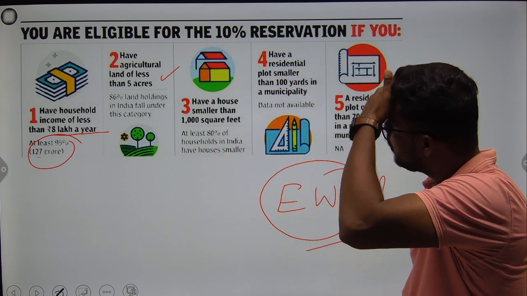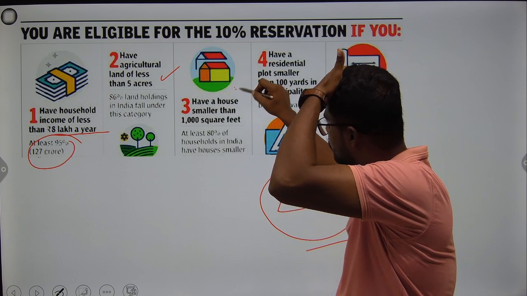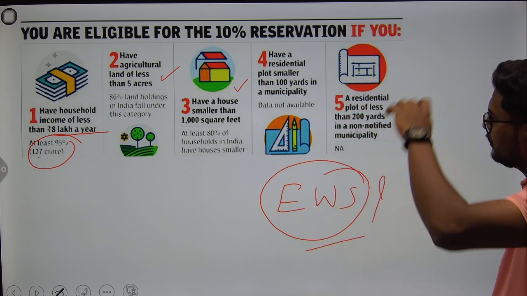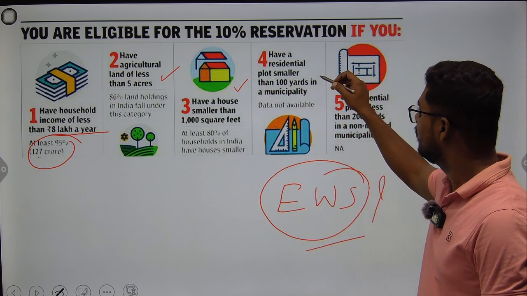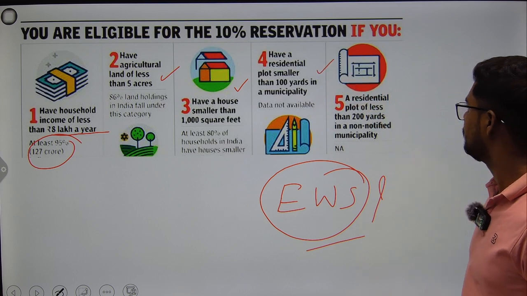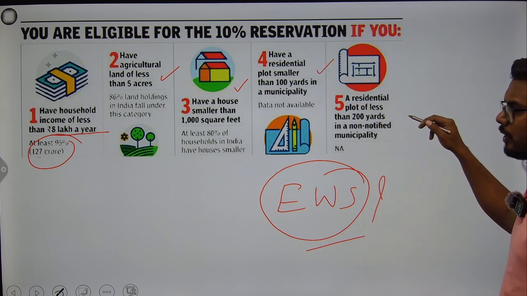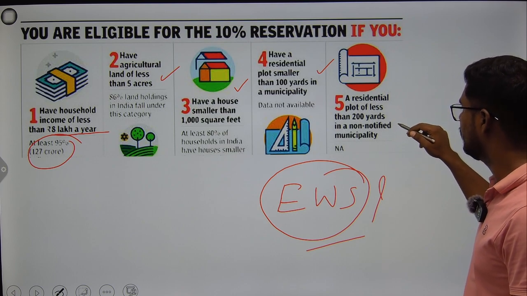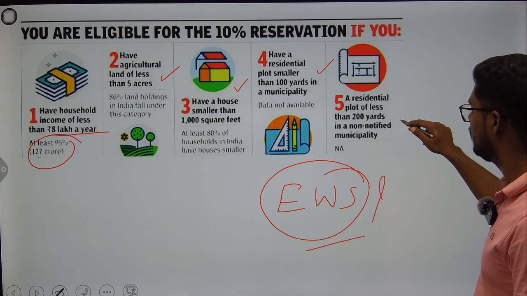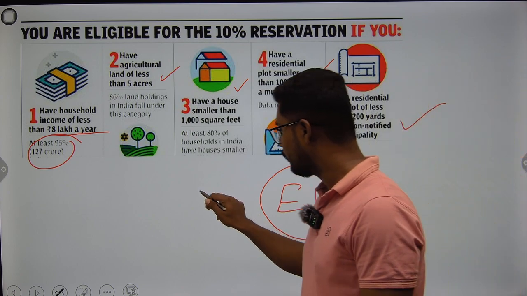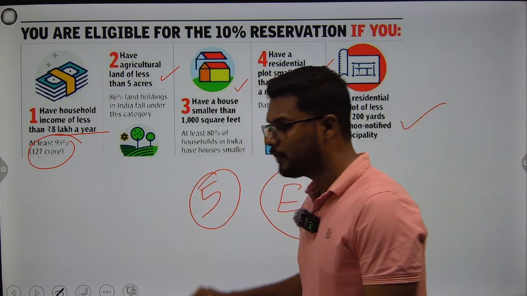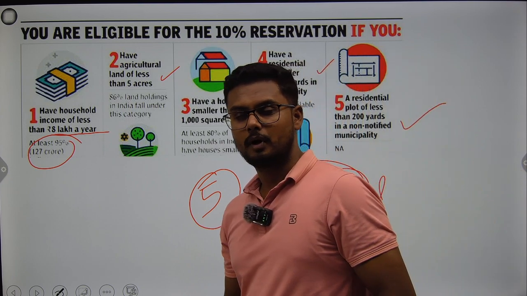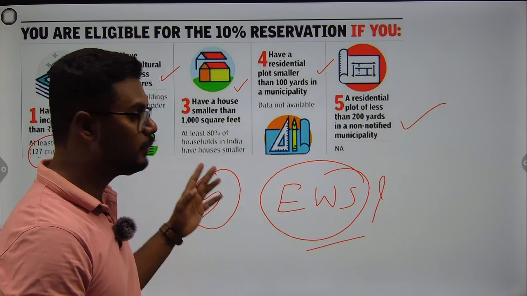Third is have a house smaller than 1000 square feet. Fourth, they should have a residential plot smaller than 100 yards in a municipality. Alright. Then the fifth requirement is they should have a residential plot of less than 200 yards in a non-notified municipality. So these 5 criteria or requirements should be met to become a beneficiary under the EWS category.